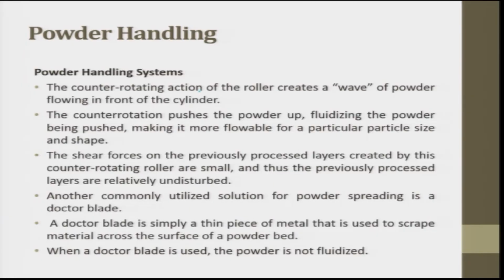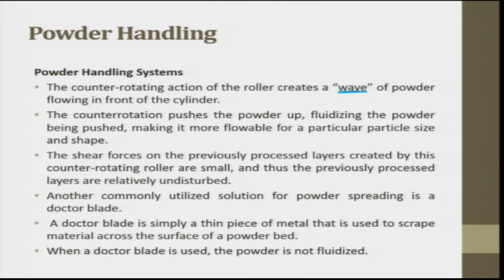The counter rotating action of the roller creates a wave of the powder flowing in front of the cylinder. So this wave has to be flattened, because when the next layer's laser curing or laser sintering is happening, this undulation on the surface reflects it. So we have to be very careful.